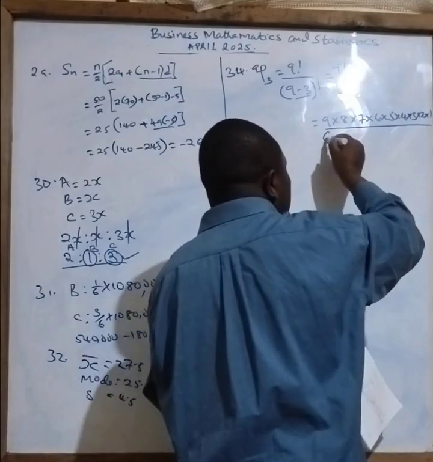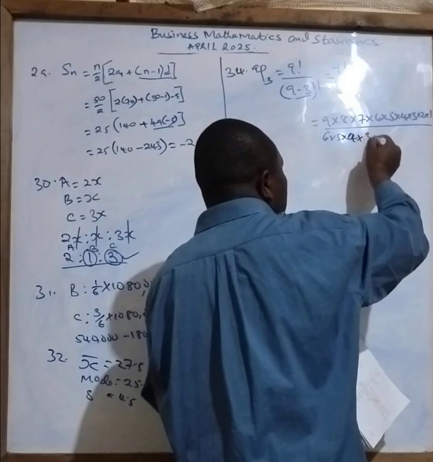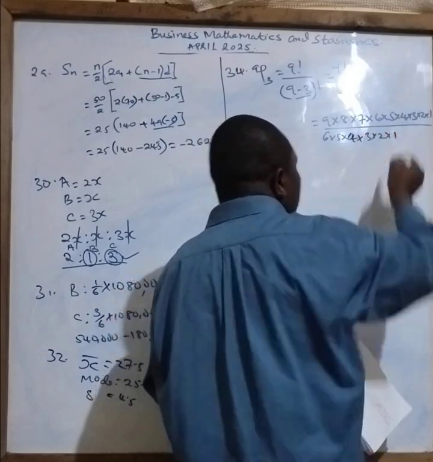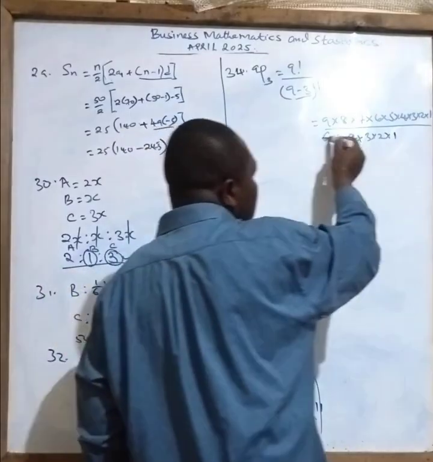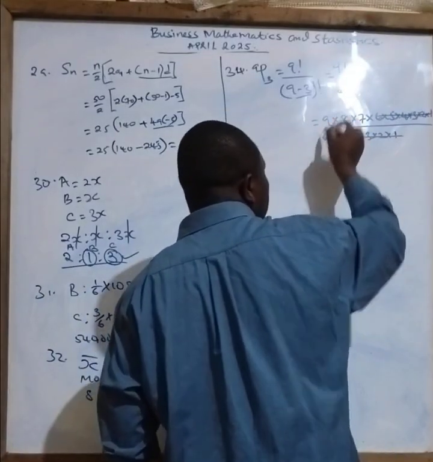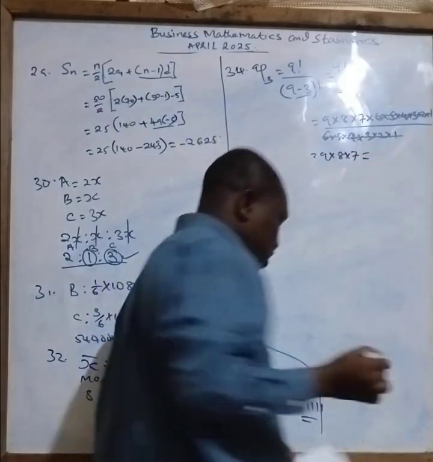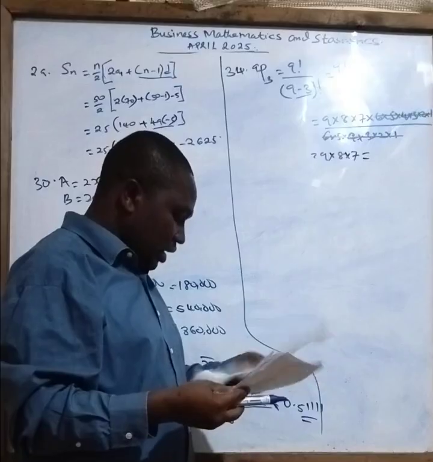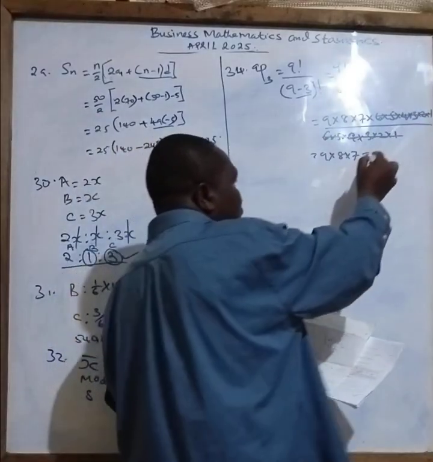The whole of the 6 factorial will cancel, so our answer will be 9 times 8 times 7. When you work that out correctly, the answer is 504.